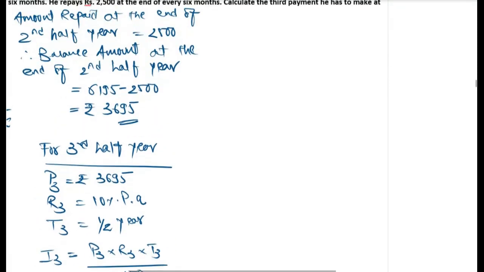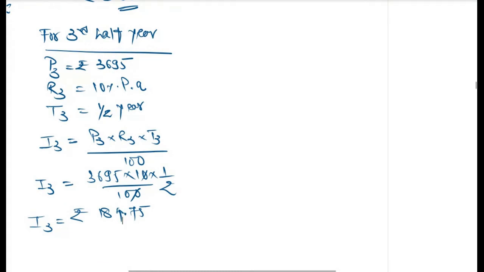Now what? Next we have to find the amount. Therefore, A3 is equal to P3 plus I3.